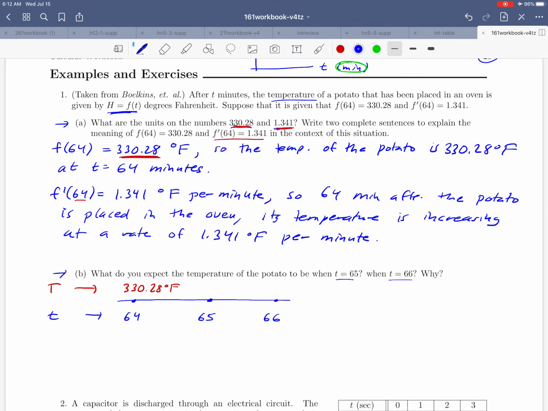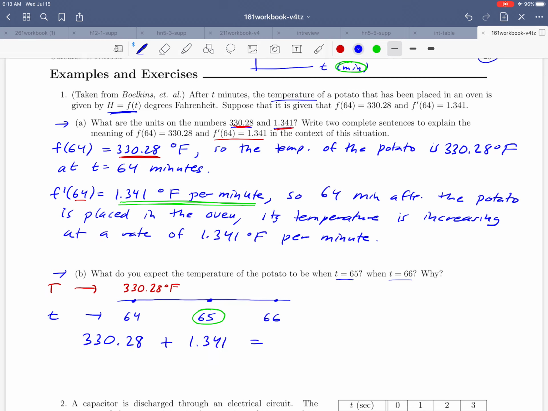The question then is, how much does the temperature increase during those time periods? We can get our hands on that number by looking at our derivative. Looking back at part A, this tells us how many degrees Fahrenheit the temperature should increase per minute that goes by. That was the meaning of that derivative. So if we want to know what's happening at t equals 65, we know that we started with a temperature of 330.28, and the temperature is going to increase by about 1.341 degrees Fahrenheit because 1 minute went by.